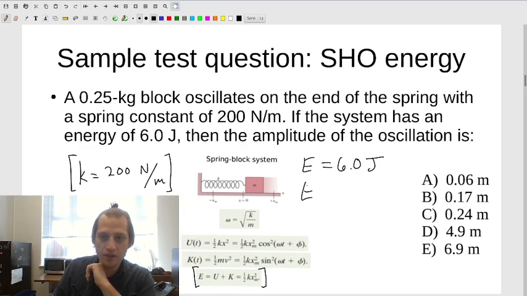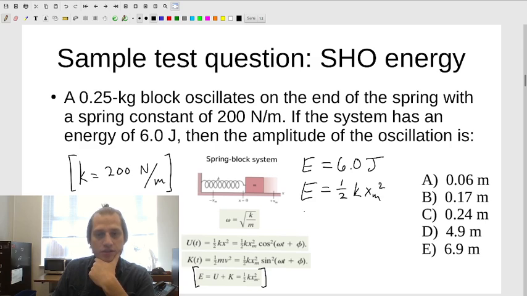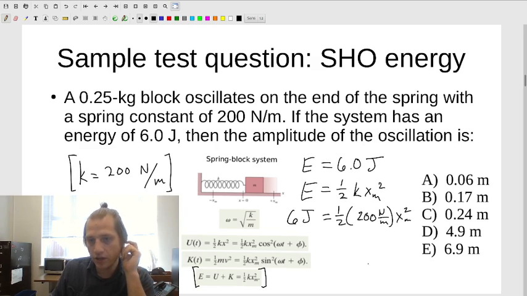So E equals 1/2 k x_max squared, and so here this is 6 joules equals 1/2 times 200 newtons per meter times x_max squared. So this is 100. 1/2 times 200 is 100.